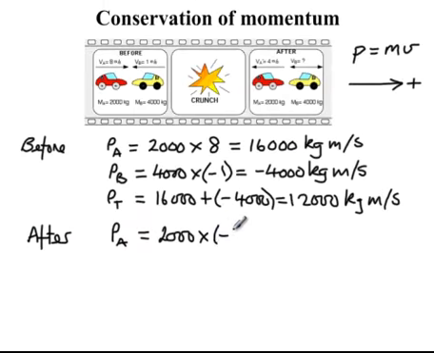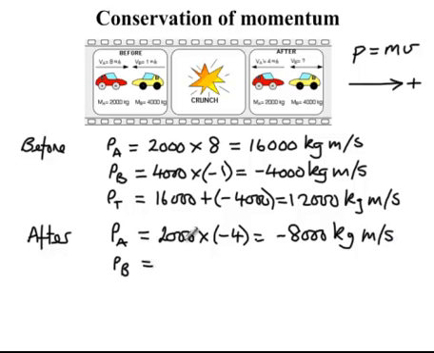So it's minus 4. So that gives me a momentum of minus 8,000 kilogram meters per second. And similarly, the momentum of car B equals its mass, which is 4,000 kilograms, multiplied by the velocity, which is what we don't know yet, so we'll just call that VB.